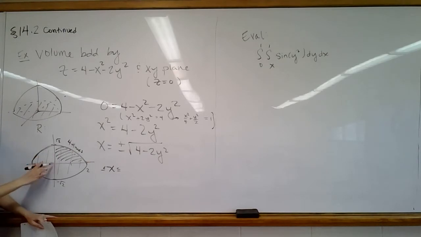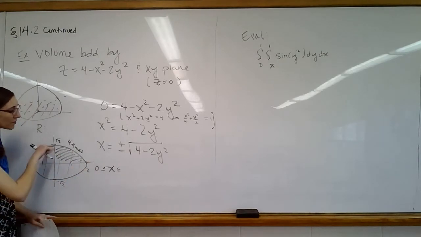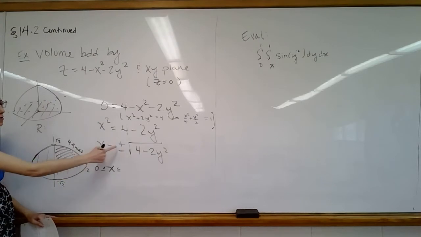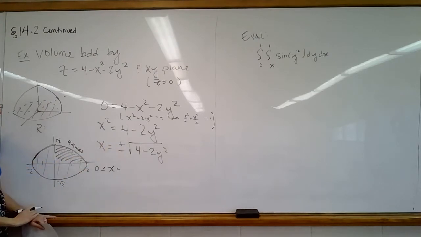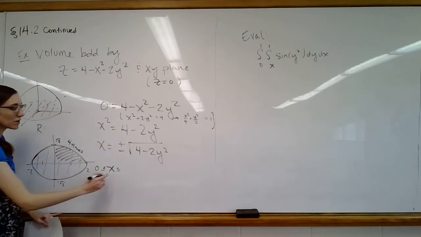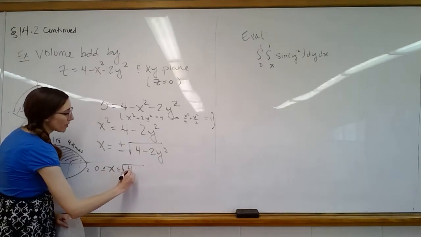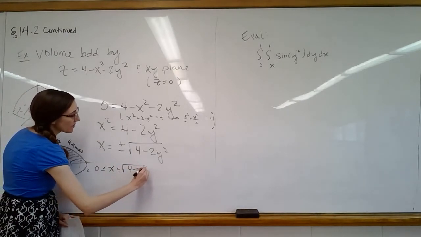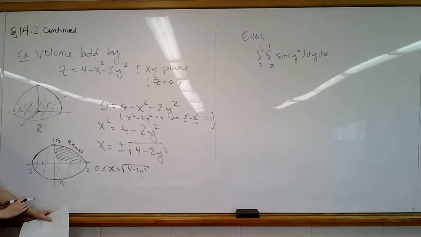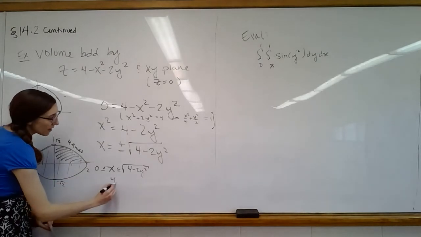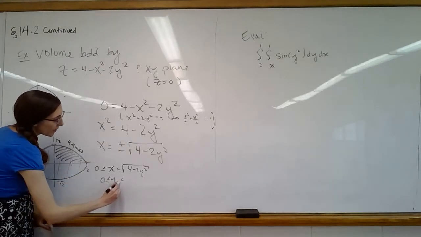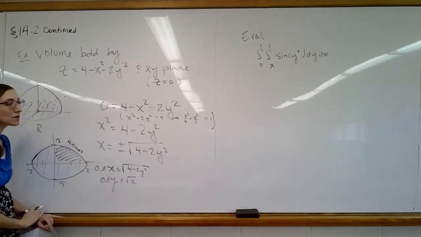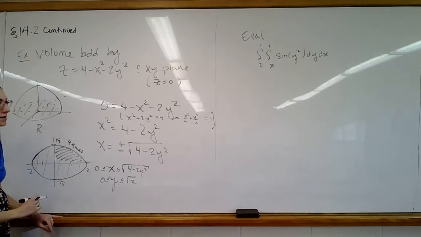Well, x starts at x equals 0, and then it comes over to this right curve, which is going to be the positive semi-ellipse. So we'll come over to positive square root of 4 minus 2y squared. And then we look at the y's on those bounds. We're going to see that we started at y equals 0, and we went up to positive square root 2.